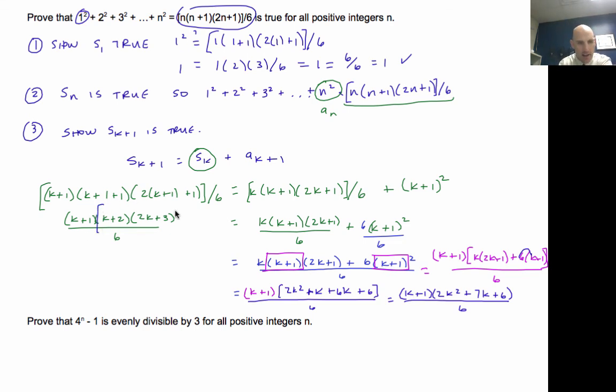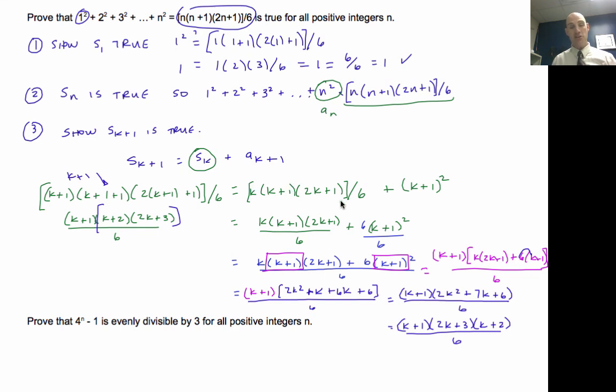Really, what I need is to show that this part, because I've got the k plus 1, is equal to that. Well, when you go to factor this, it factors into k plus 1 times 2k plus 3 times k plus 2 over 6. What did I just do? I plugged in k plus 1 right here.